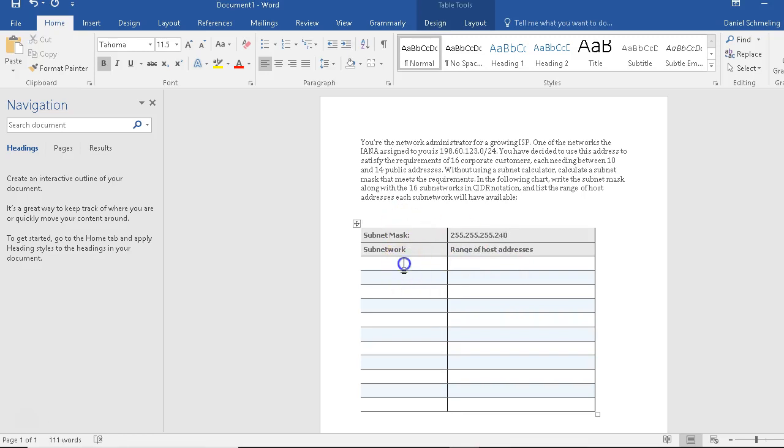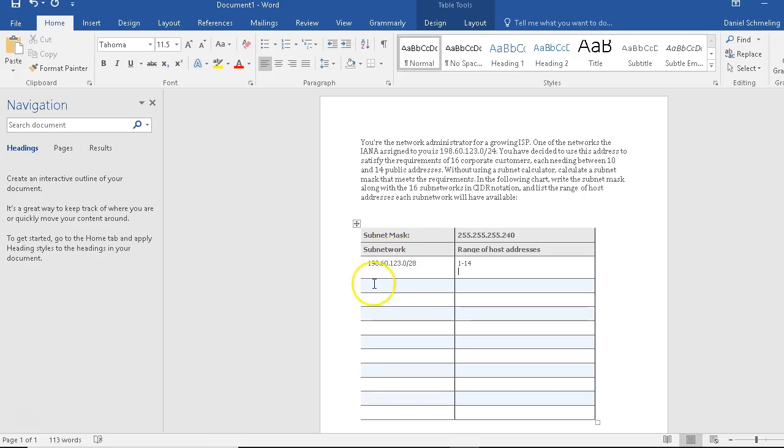And our first subnet would be 198.60.123.0/28, and we would give out 1 through 14, right? And then the next one here would be .15/28, and we would give out 16 through 29, right? So that's how we would break that down.